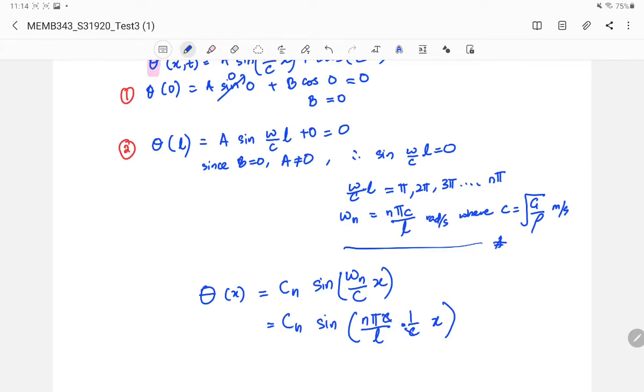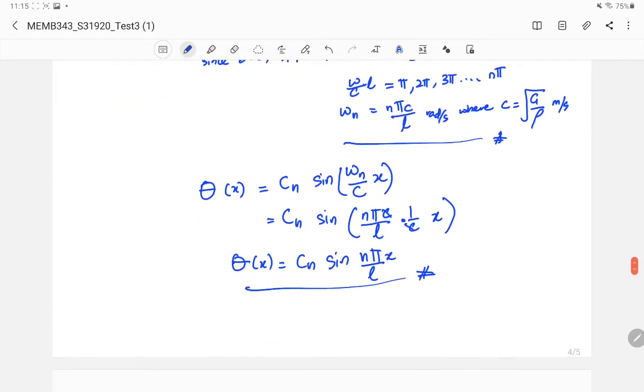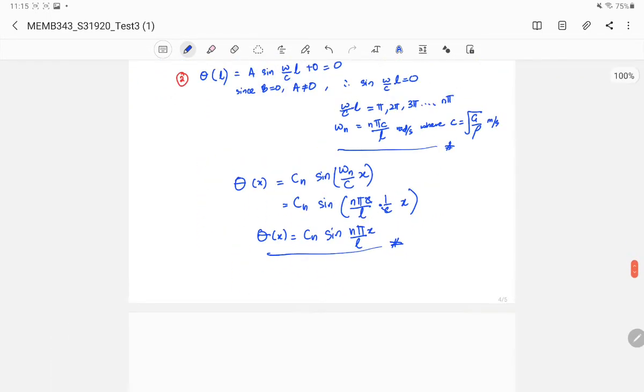You can see that you can cancel that out. So your final mode shape equation is basically Cn sine n pi x over L. This is the final answer for your mode shape. So we are done with part A.